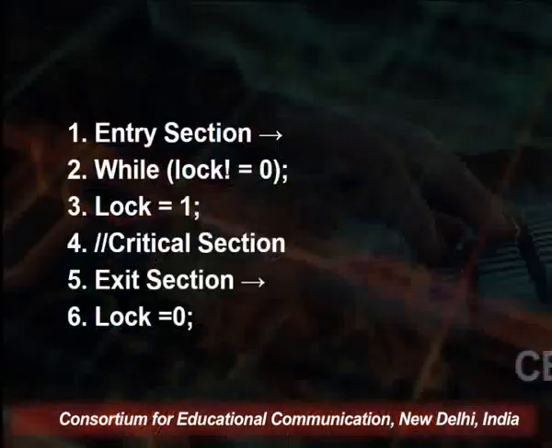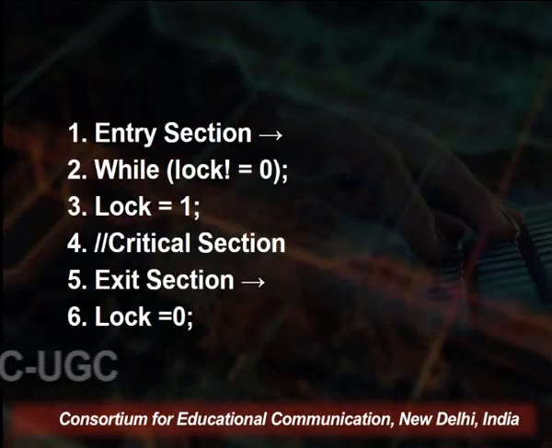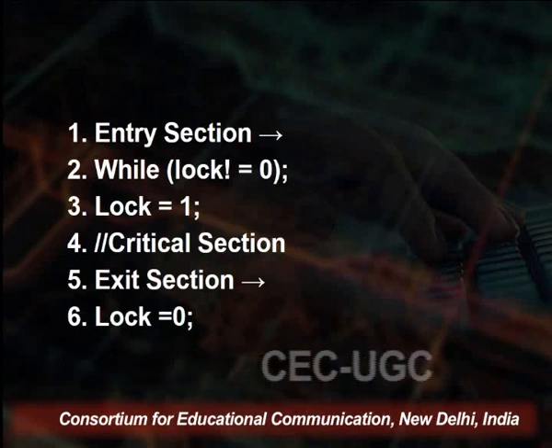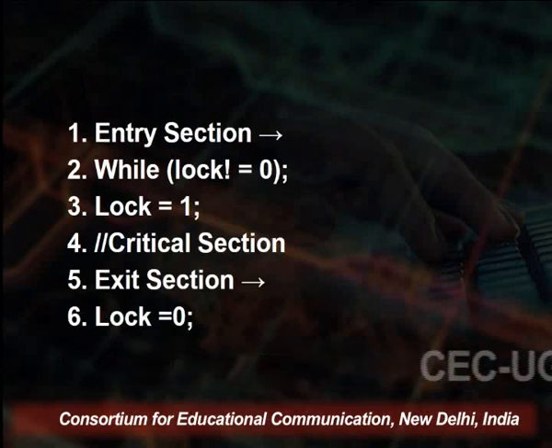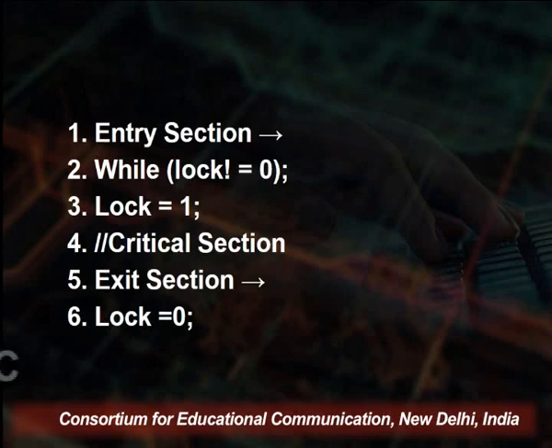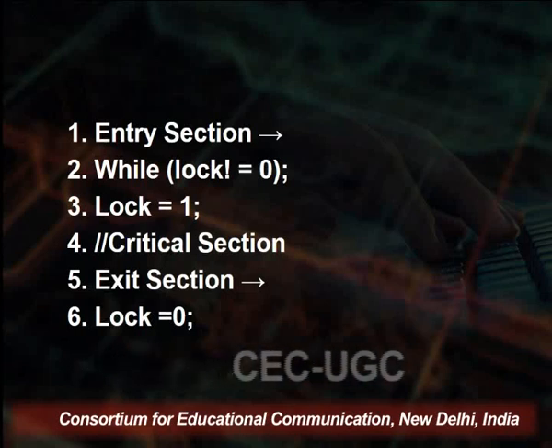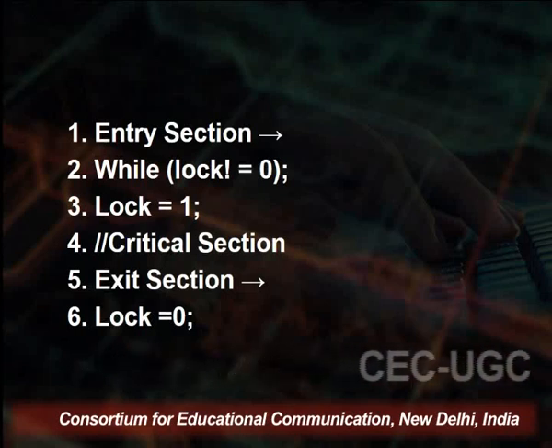So let us say there is an entry section as step 1, and this entry section has a while loop: while lock not equals to 0, wait. Whenever you have lock equals to 0, that means your critical section is vacant, then the value of lock will be set equal to 1.